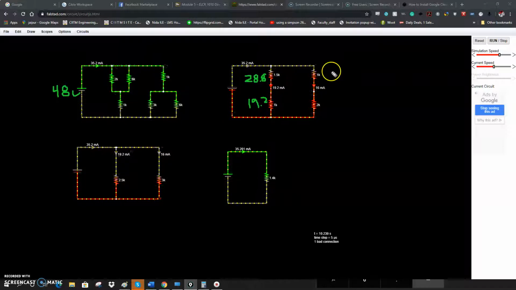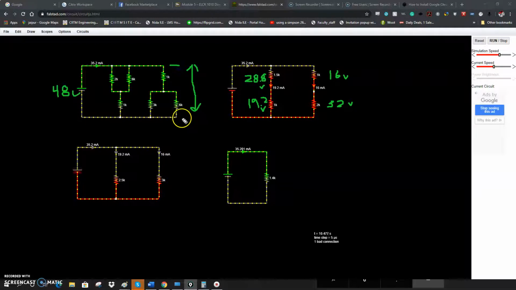Over here, I can do this math pretty easily. 16 times 1 is 16, and these are volts, although I just don't have room to write. And 16 times 2 is 32 volts, and that adds up to 48. So no surprise there either. So basically over here, we've got 48 volts across the branches that run this way.